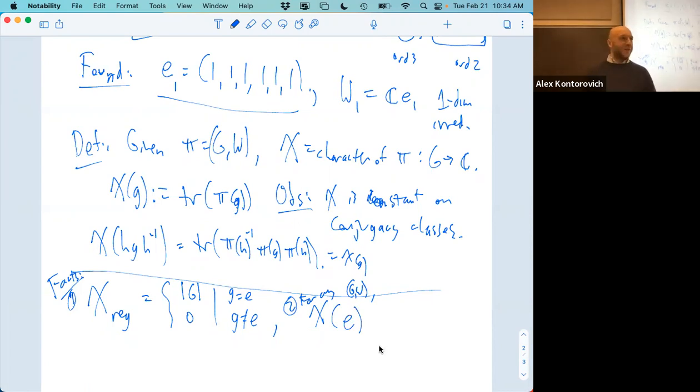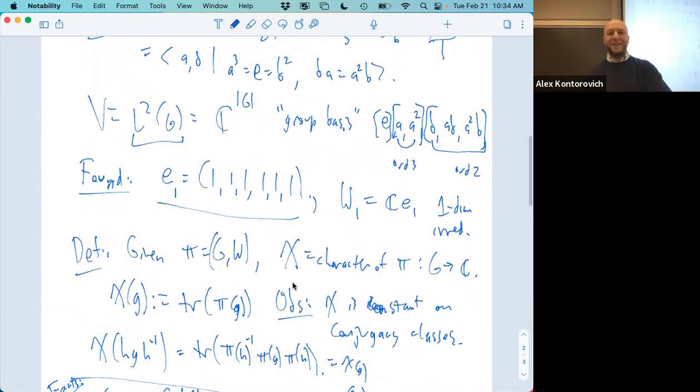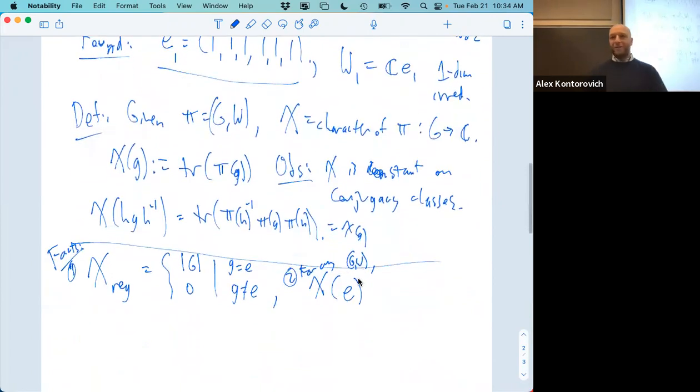It doesn't change any of the functions in W. So what's the trace of that? It would be the size of G if the dimension of W were all of G. This space has dimension G, but if I just have some arbitrary finite dimensional representation, exactly, it's the dimension of W.